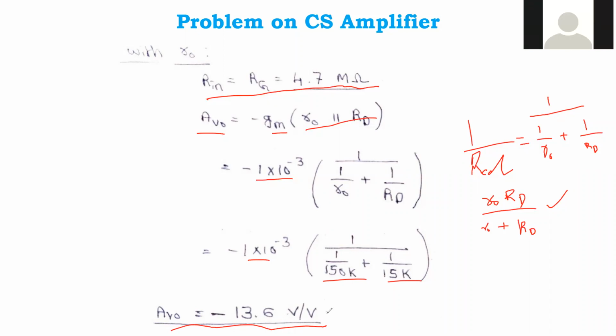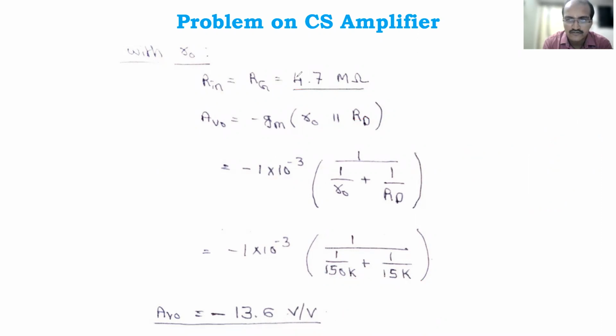It was minus 15, and now it is a little bit reduced. I told you, if we connect R0 there is a slight decrease in the voltage gain. 13.6 is nearly equal to 15. So that is the value of Av0. The Rin value will not be affected because it does not depend on R0. Similarly, we calculate the Rout also, the output resistance with R0.